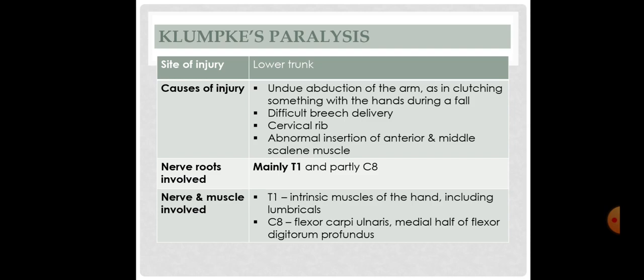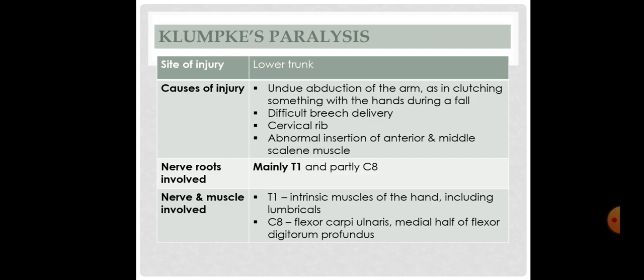We know that there are digitorum profundus and superficialis. Profundus is responsible for flexion of the wrist along with flexion of all joints of the hand including fingers. So in case of distal interphalangeal joint, the flexion is brought about by flexor digitorum profundus.